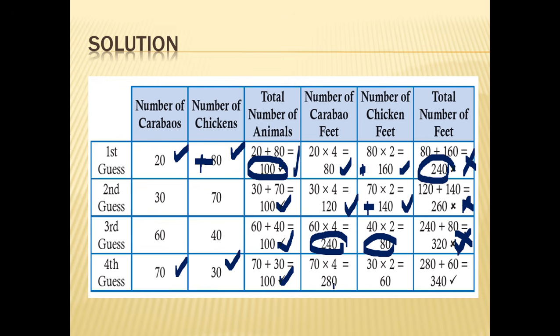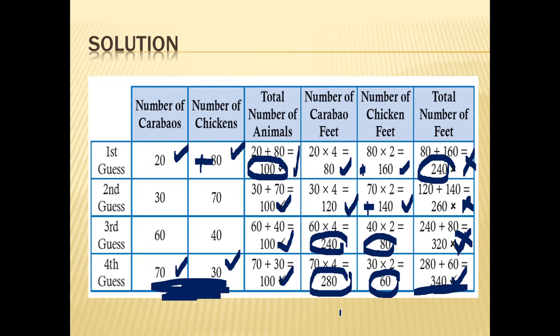So, 70 times 4 is 280. 30 times 2 is 60. Pag pinag-add is 340. So, ito yung ating tamang hula. So, we have 70 na kalabaw at 30 na manok. O, di ba? Kasi chinek natin. So, yun. Pag pinag-add natin mga paa nila, we have 340. Di ba? Madali lang. Masaya mag-solve niyan.